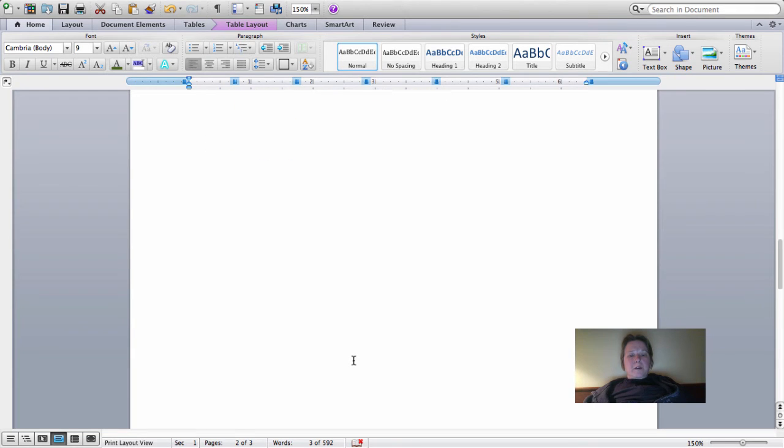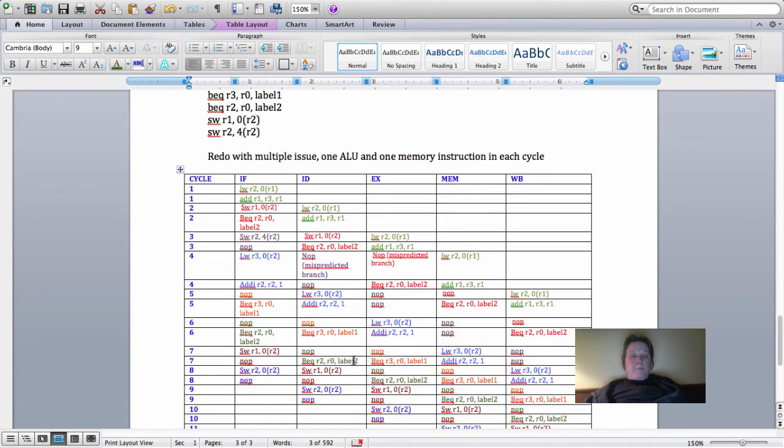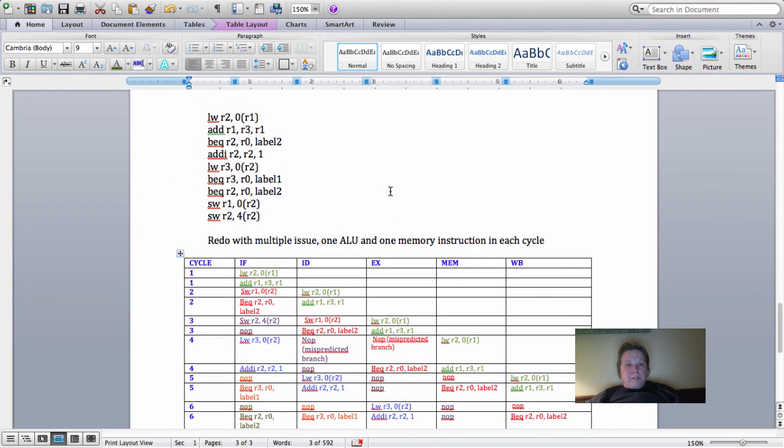So now let's see how this would work on a multiple issue pipeline, but only one memory instruction can be fetched. So we can fetch 2 instructions, but only one can be a load word or store word. So we're going to start with these 2.